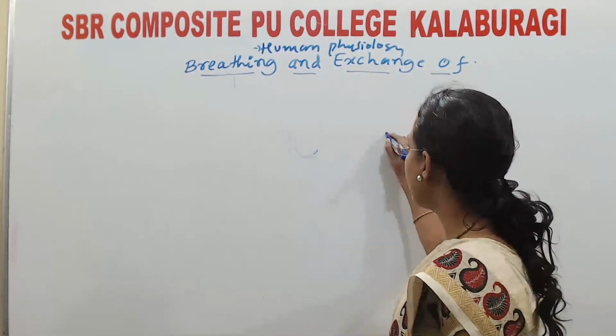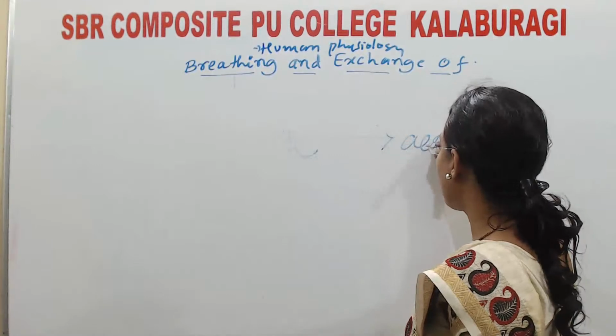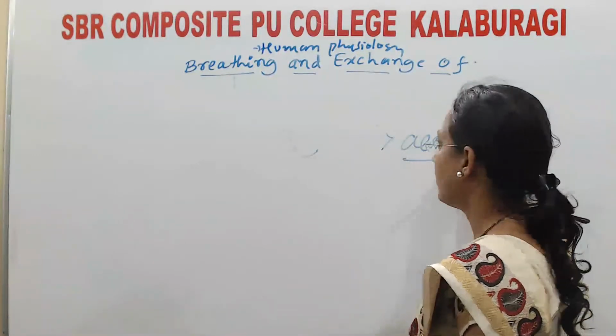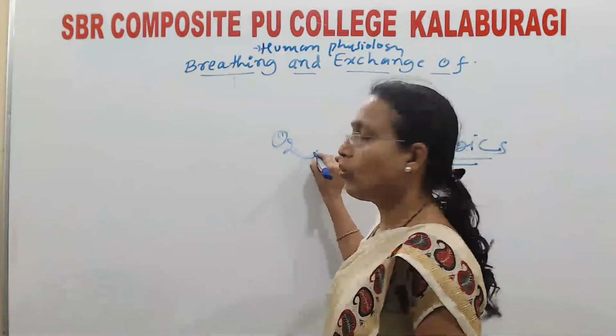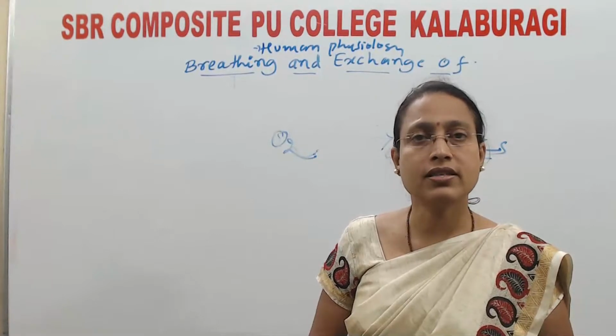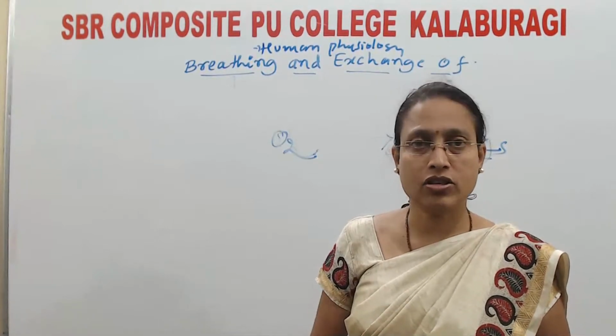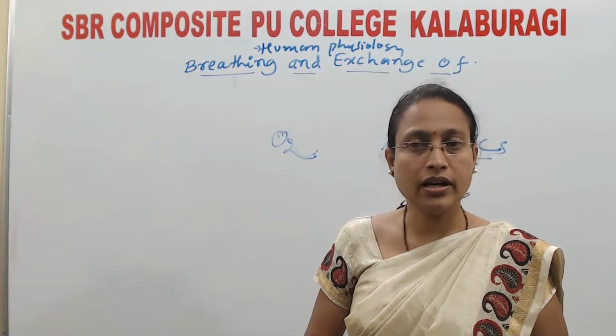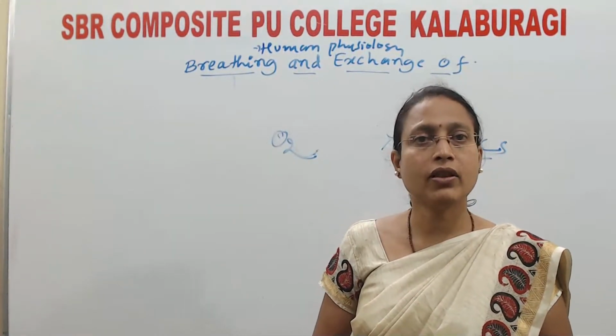If O2 is required, we call them aerobic organisms. That means without oxygen, these organisms will not survive. So they should breathe oxygen, only then normal functioning continues. They cannot survive without oxygen.